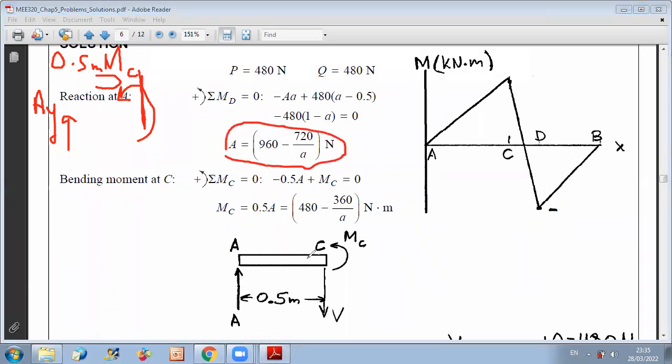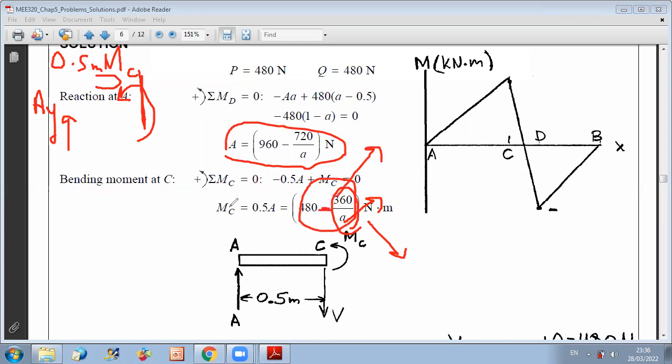And as you can observe here, as A increases, the bending moment at C will increase. Why? Because when A increases, this term will decrease, but since you have a minus here, this term will be larger.